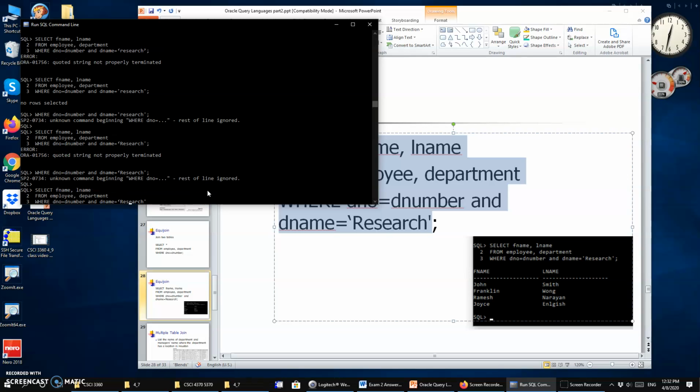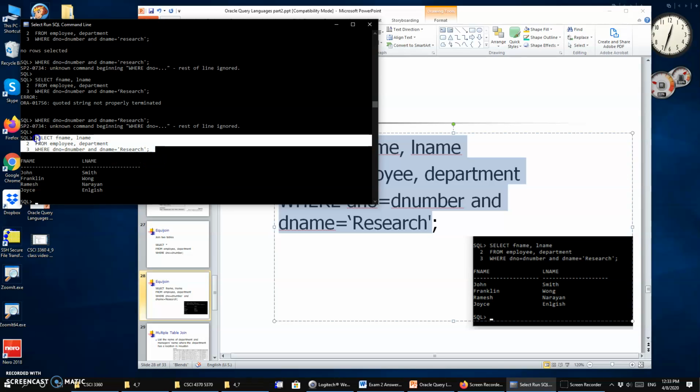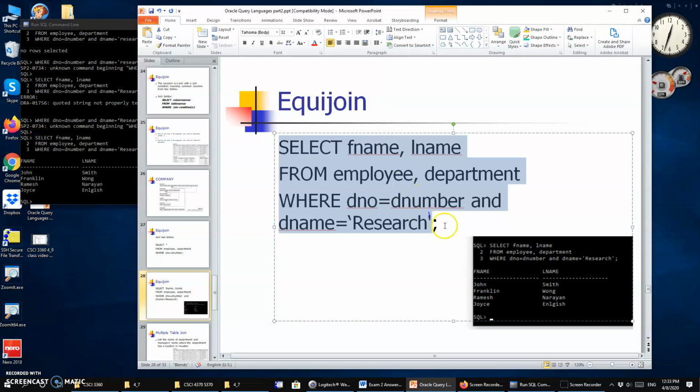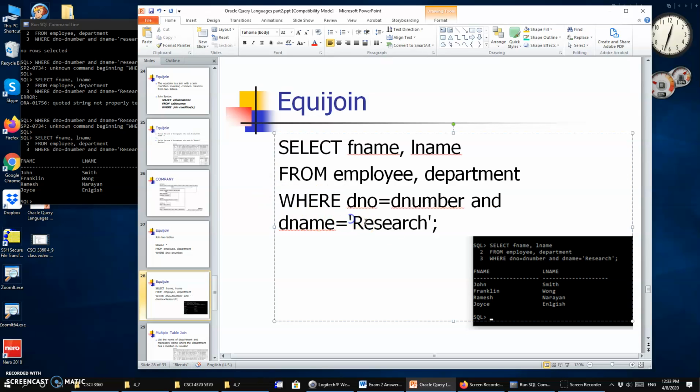So I need to go back over here, finish that quote, put a semicolon, and you can see that the research that I put has to have a capital R over here. So let me copy and paste this code so that I'm not going to have the problems over here. You can see that when we are doing that, the quote over here is again using the formats over here.